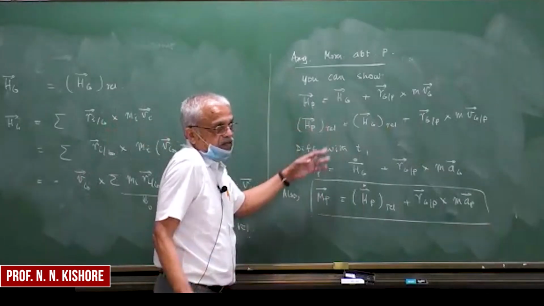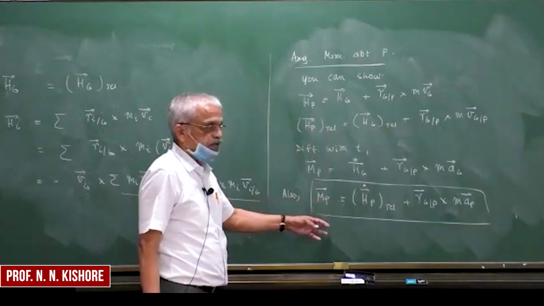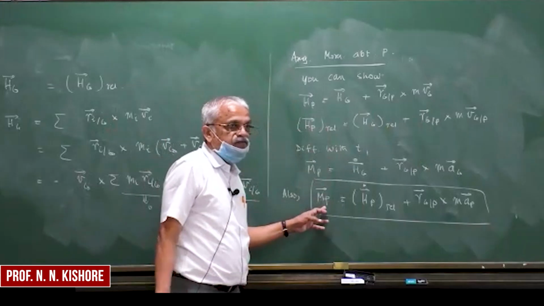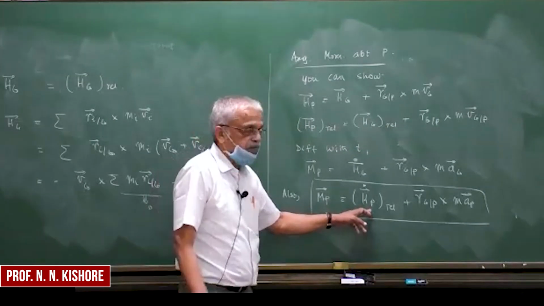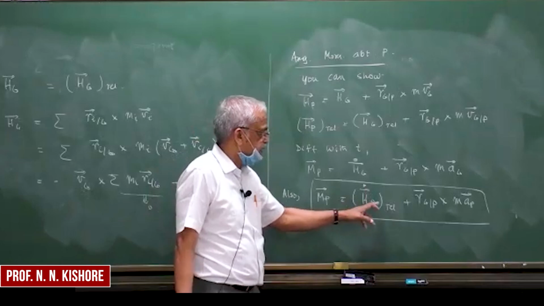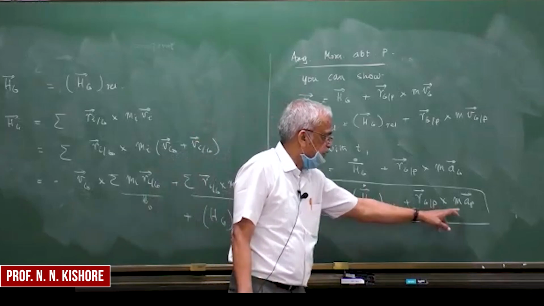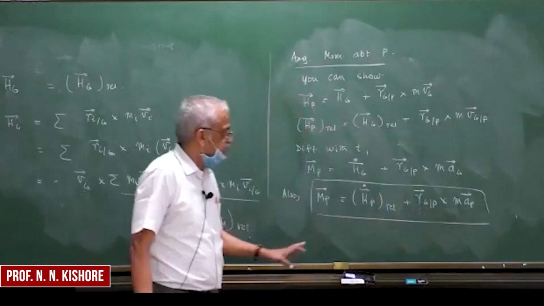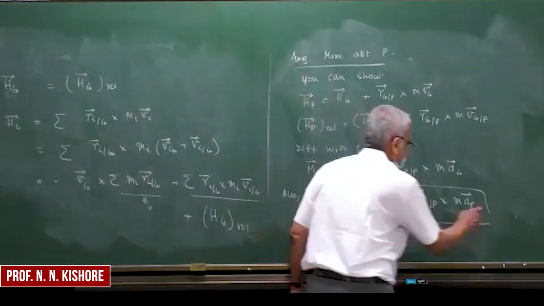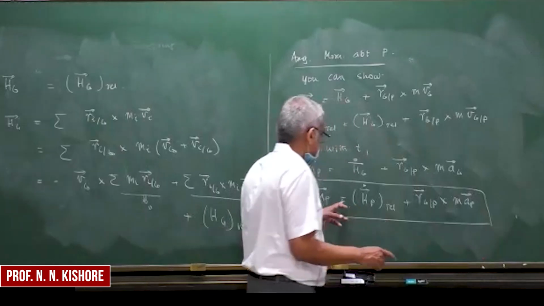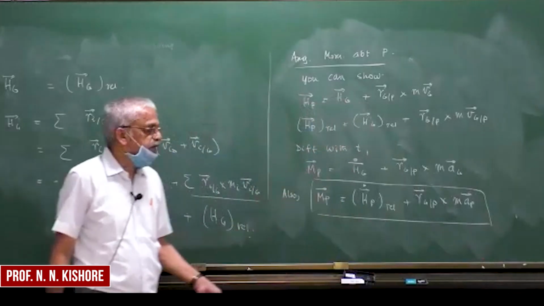So if you take time derivatives, this is what you get. So the moment of all the forces about P is the rate of change of angular momentum, relative momentum with time, and then RGP cross MAP. Okay, think about this later, but for this one, the other things can be derived.